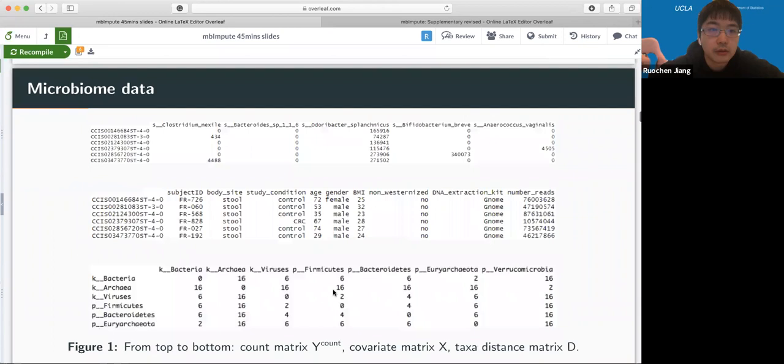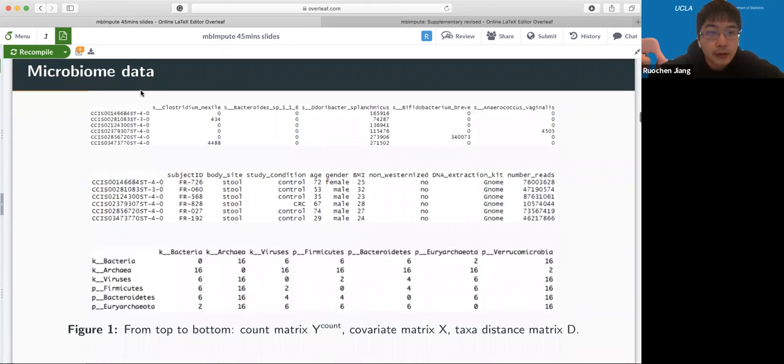So to make you aware of what the data look like, it comes with 3 matrices. The first one is the taxa abundance matrix. Here I will use taxa or taxon to indicate, you can think of it as, a bacterial species, and the count reflects the relative abundance of that bacterial species in the human body.